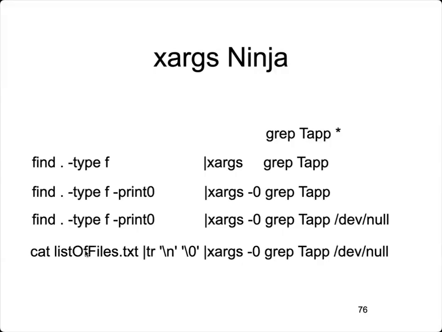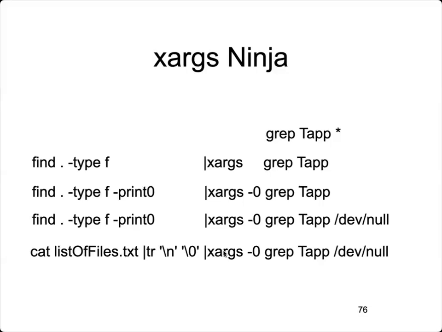Now, where that can be handy is if you're generating your own list of files, or you've got some complex command that's building a list of files, whatever it is that's building the list here, then you can use tr to translate the end of line character to a 0 and make use of xargs -0. Now, I freely admit that grep does a lot of this, but sometimes grep doesn't do exactly what you need.